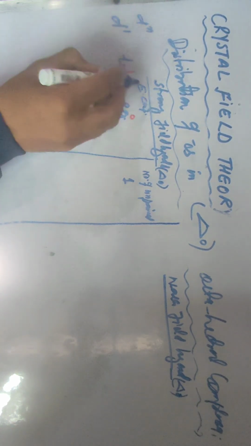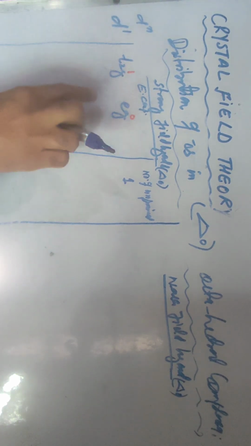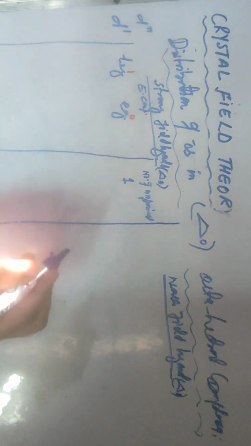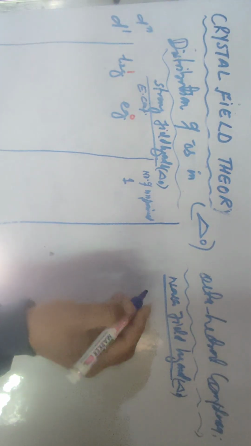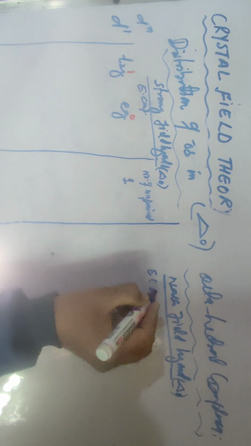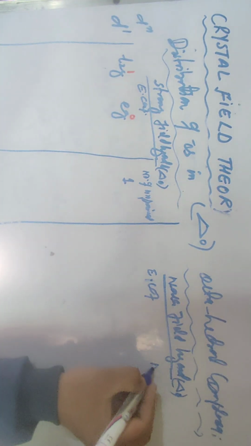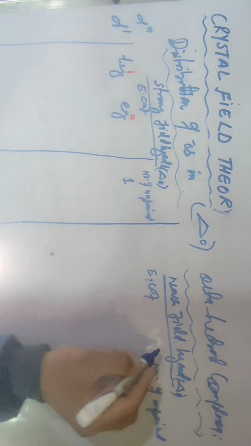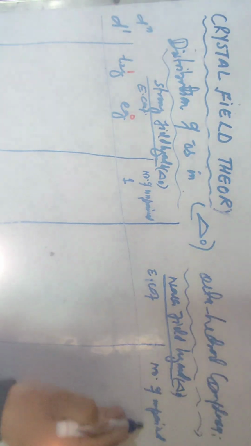So this is d1, with strong ligands, and again with weak ligands we write the electronic configuration and the number of unpaired electrons. So this is a d1 ion.